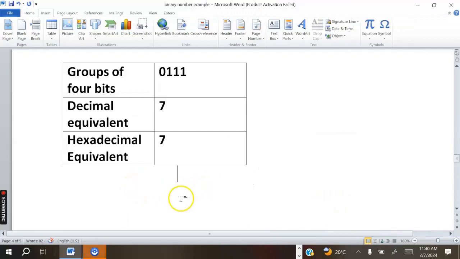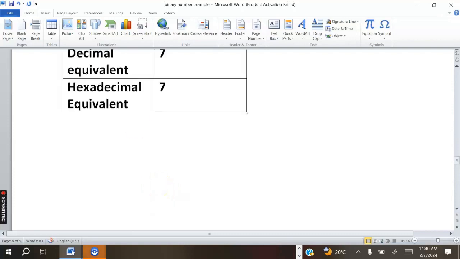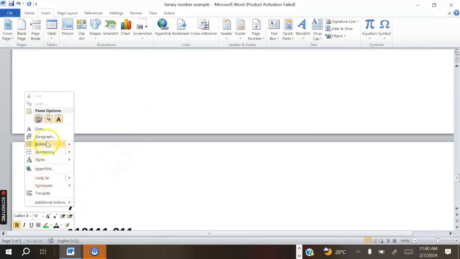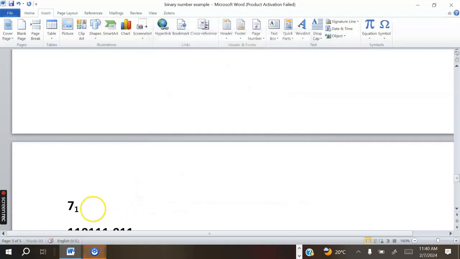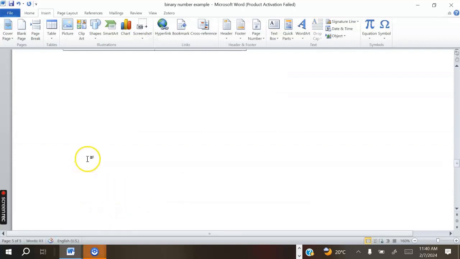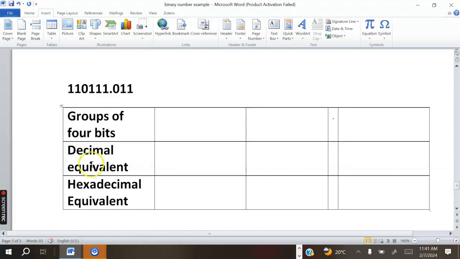So my answer will be 7, and the base is supposed to be 16. So that is our answer for the equation. Okay, let's move to the next number.